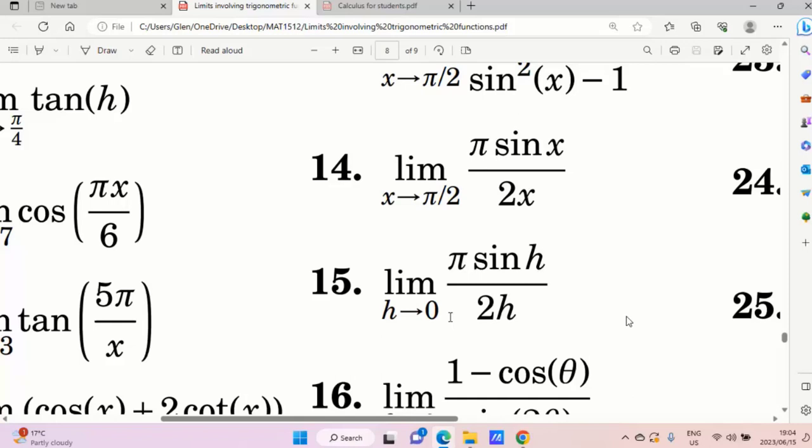Remember, when I started this section, the limit of sine h over h is 1. Do you still remember? Yes, sir. Lerato, it looks like you forgot. Did you forget that I said the limit of sine h over h as h approaches 0 is 1? That day we had the squeeze theorem thing, so I was focused there.